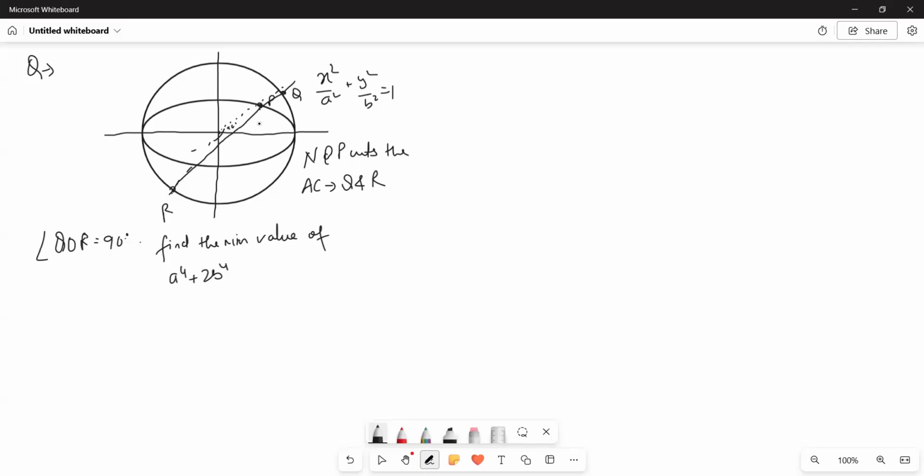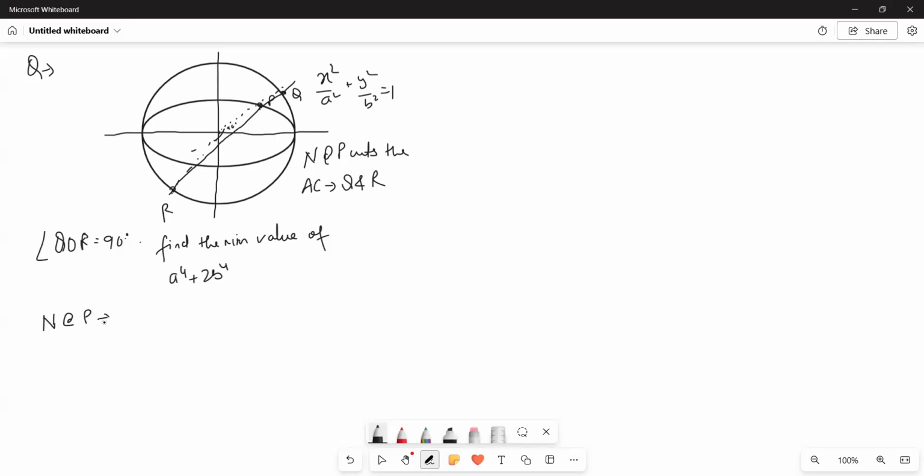How would you solve this question? It's a question on homogenizing. You know, straight line QR intersects the auxiliary circle at 2 points and their intersection has got something to do with the origin. Homogenizing का question हो गया.